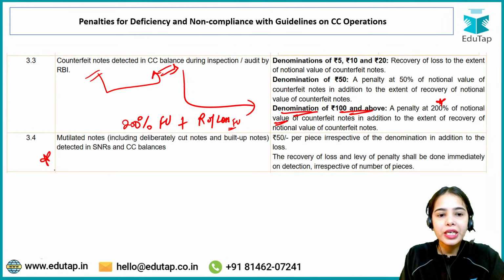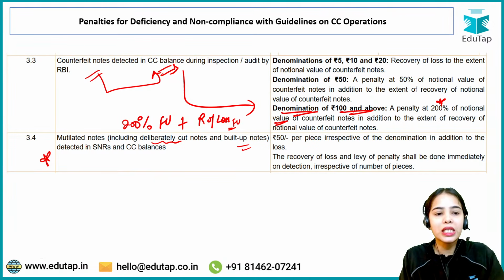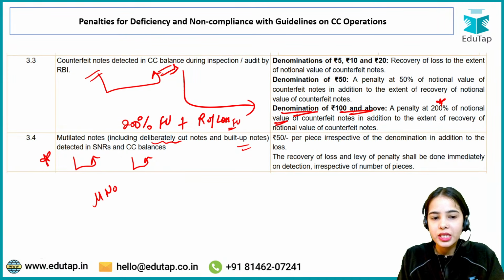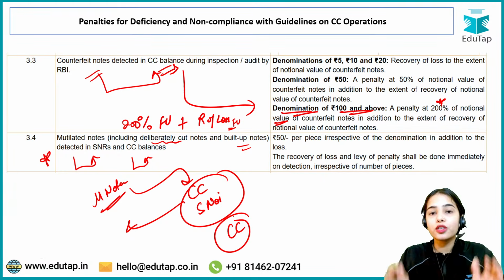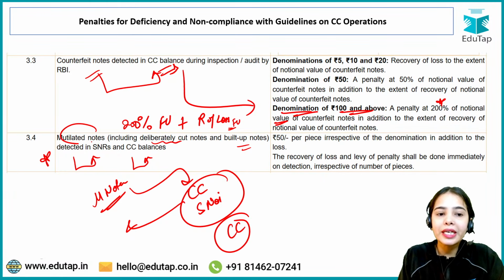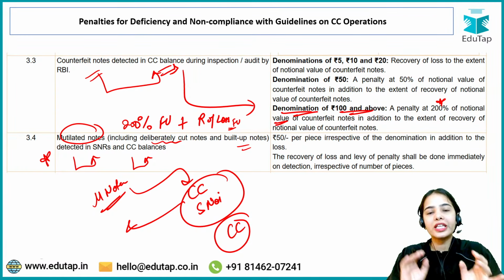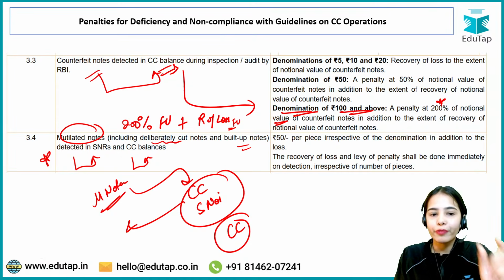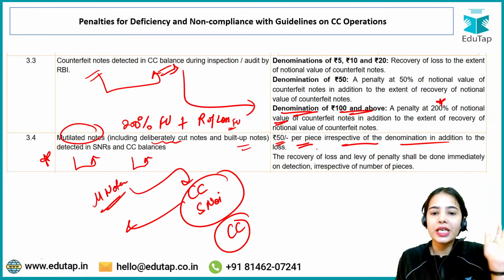Next is mutilated notes, including deliberately cut notes and built up notes detected in soiled note remittances and currency chest balances. So if currency chest is sending soiled notes to the RBI and mutilated notes have been identified in them, or if mutilated notes have been found in the currency chest vault, then 50 rupees per piece, irrespective of the denomination, in addition to the loss.